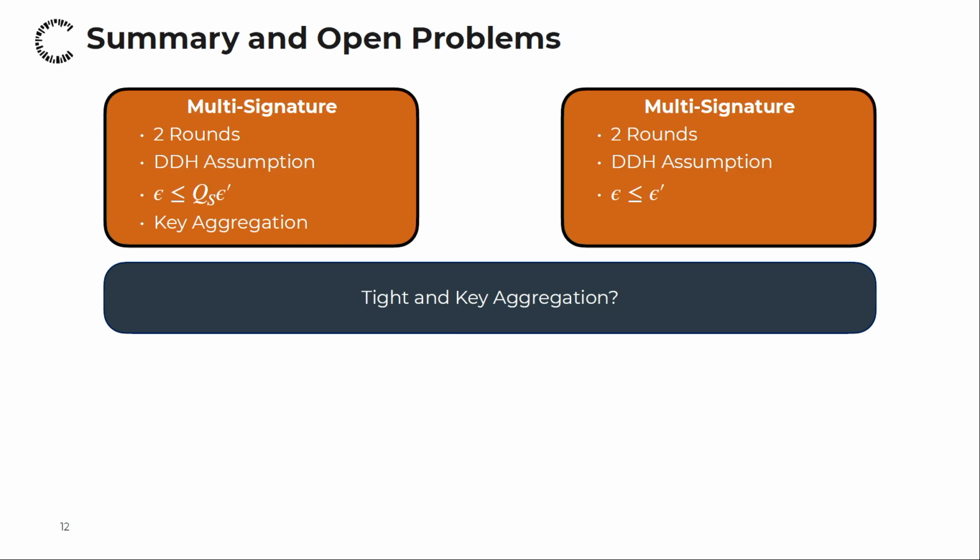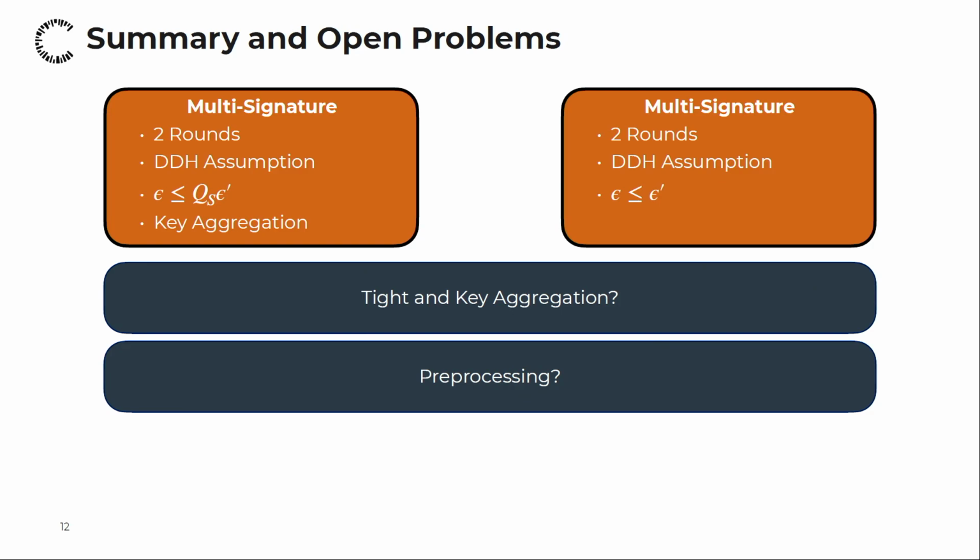Okay, so I want to finish with some open problems, and if you have any ideas, I'm happy to talk about this. So the first obvious question is, can you get the best out of the two worlds, right? So I want to have a scheme that is tightly secure and it has key aggregation at the same time. And it's not clear to me how to do that, but I think this is an interesting problem.